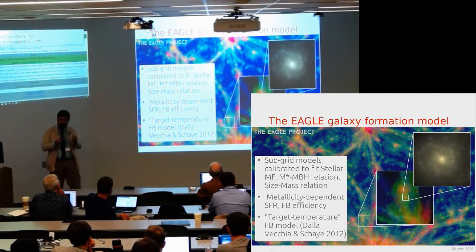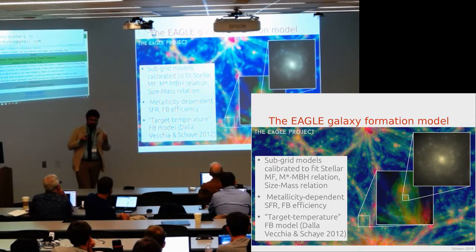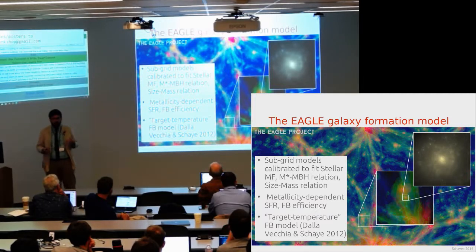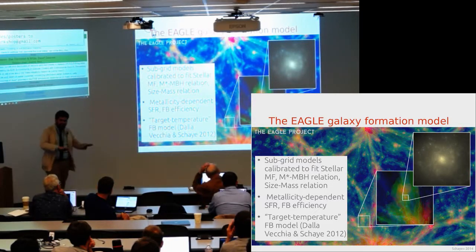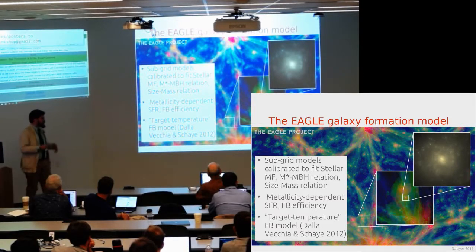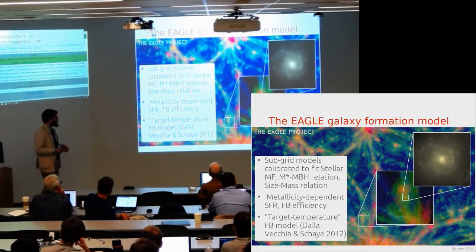So all of the subgrid parameters that go into the feedback, star formation, and AGN model have been tuned through a tremendous amount of work to fit these specific scaling relations. Everything else then falls out as a prediction of this model. These ones, however, are the input parameters you can think of for this model.